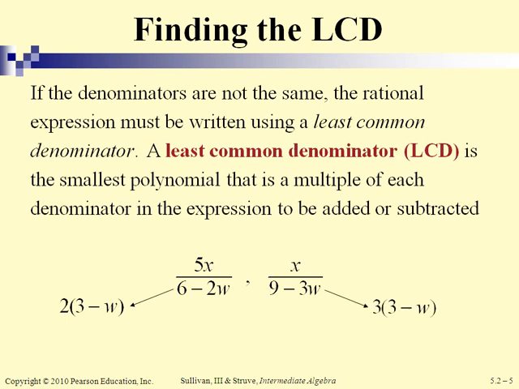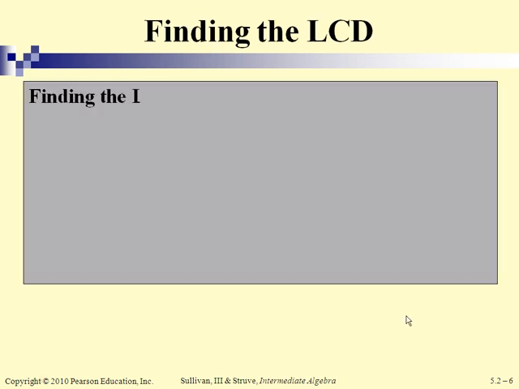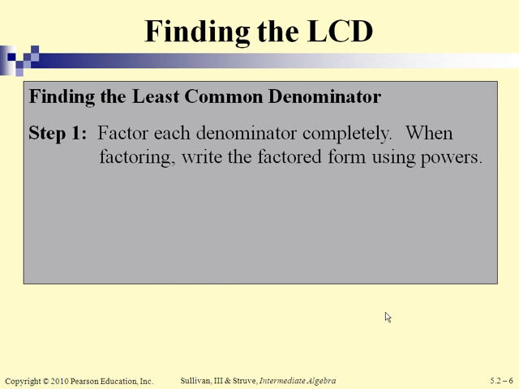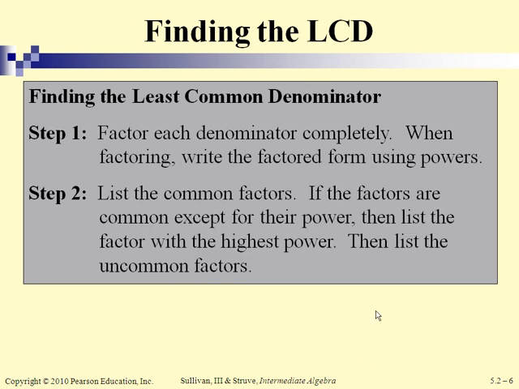The other one is 3 times (3 minus w). So what is the LCD? It will be 2 times 3 times (3 minus w). Is that okay? After you find the least common denominator, then you can add them or subtract them.